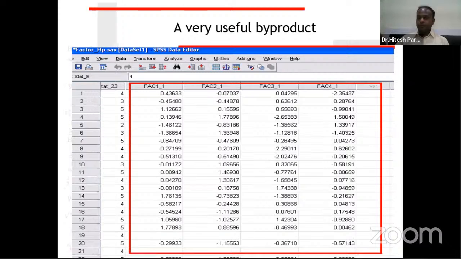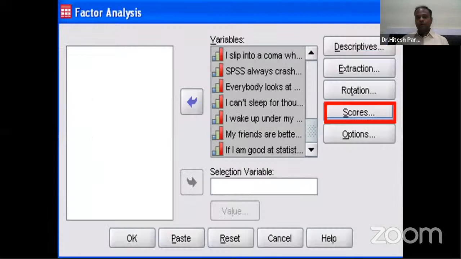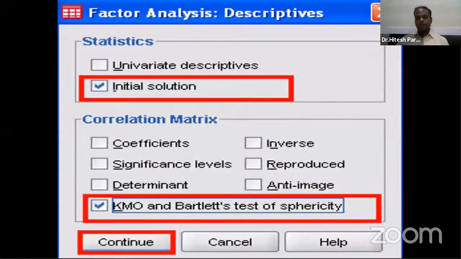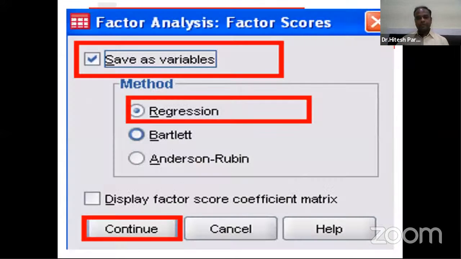Factor number 1 is the most important factor because its percentage of explanation is highest, then factor number 2, factor number 3, and factor number 4 in decreasing importance. Within factor number 1, you can observe the factor loadings. Whichever variable has a higher factor loading is contributing more, and that variable will be considered part of that factor.